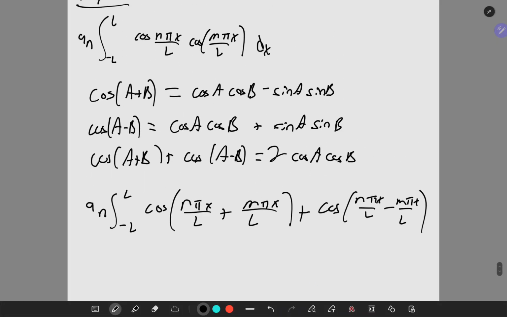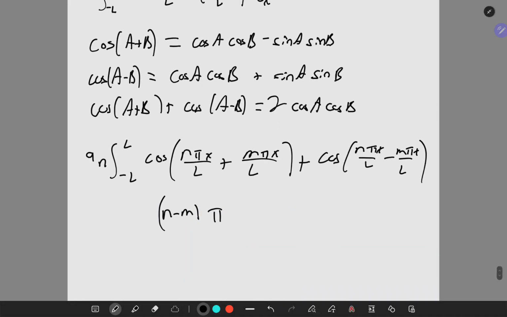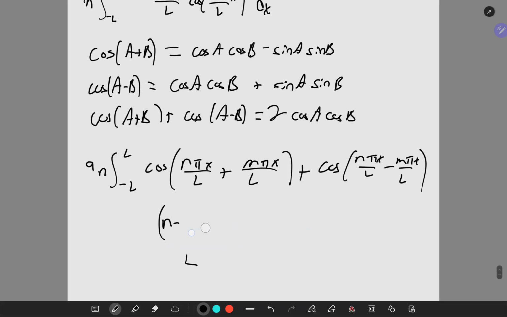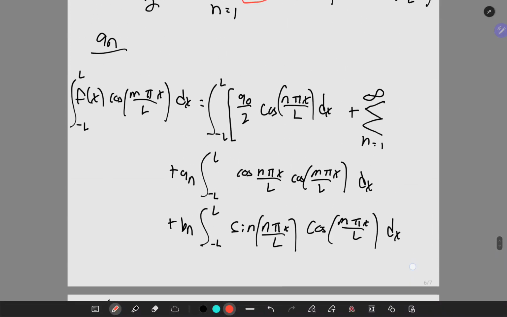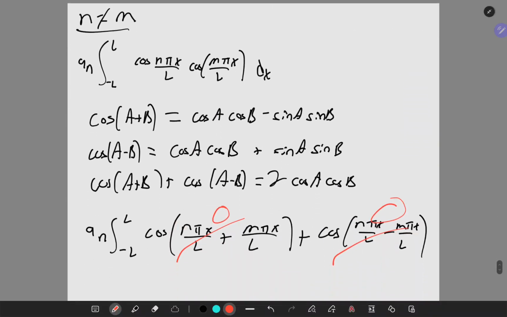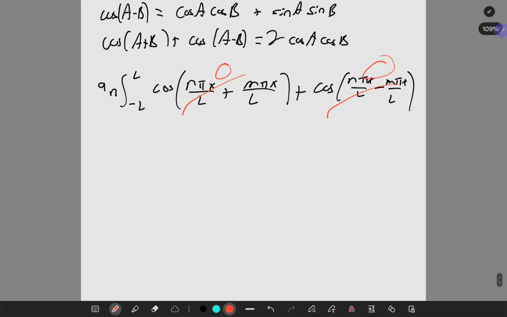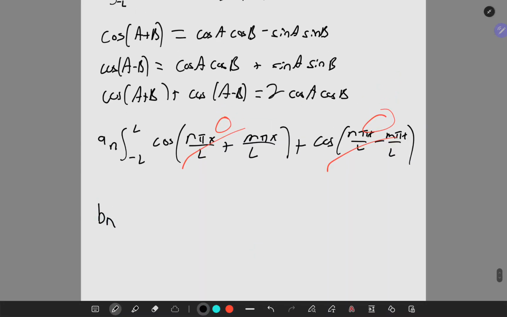It'll be like n minus m times pi x over L. If we integrate that, we'll be left with a sine that's in terms of pi, so this term will drop off, and this term would drop off, become 0. So every term's going to drop off. And if you're looking at the sine part, the exact same thing would happen. Let me write it down.